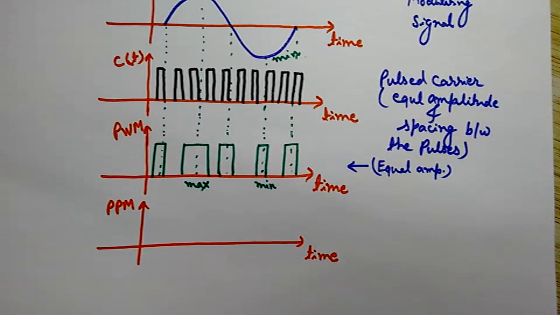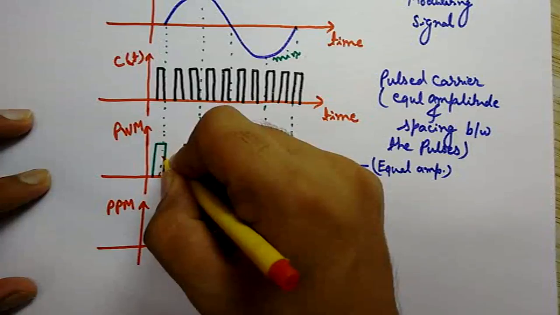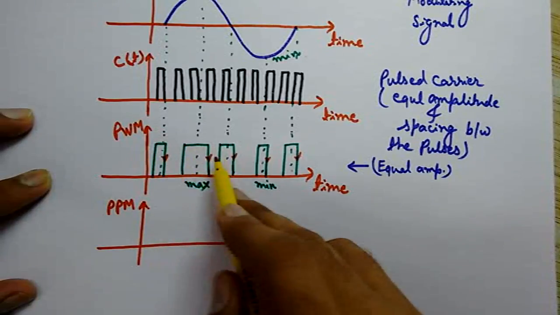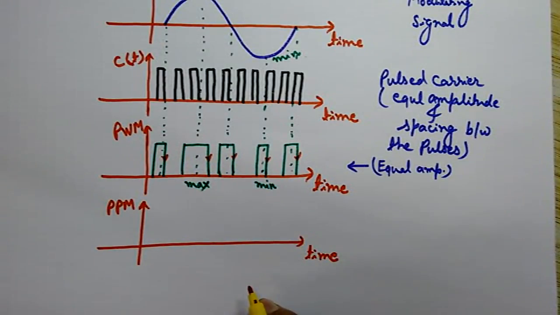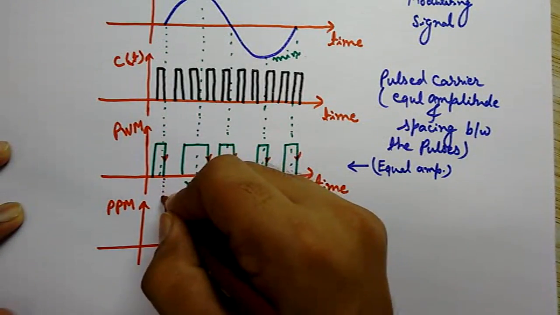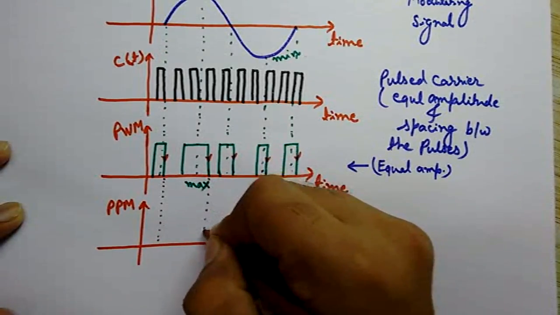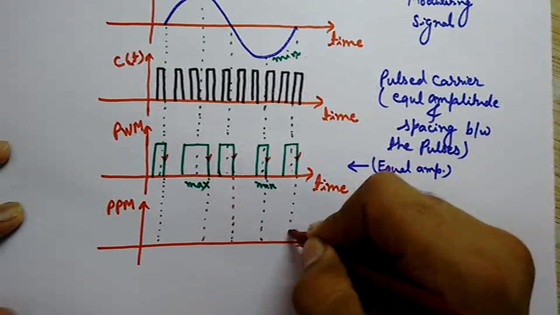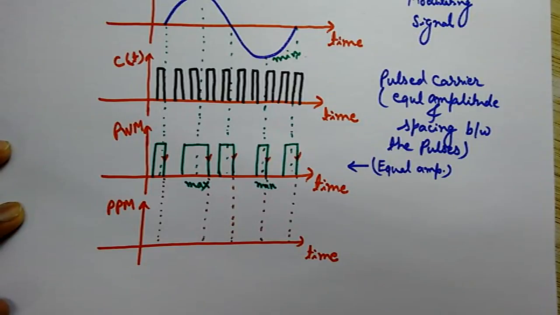So this is a very important thing, how to draw the PPM from PWM. It means that this point, this is the trailing edge of each pulse. Okay, this I have denoted. So these trailing edges would be the starting point of the PPM pulse. As you can see here, how it happens.